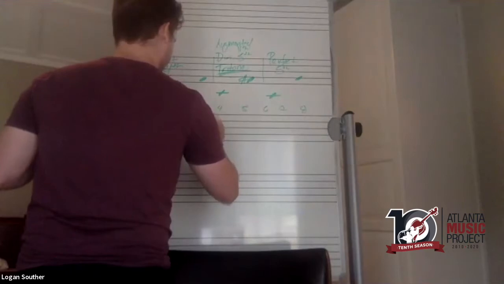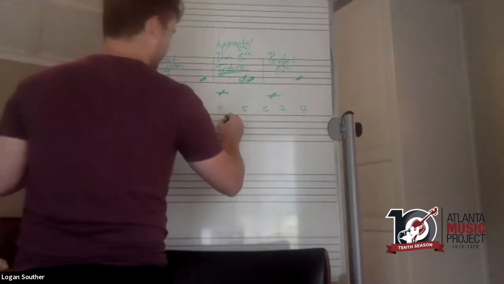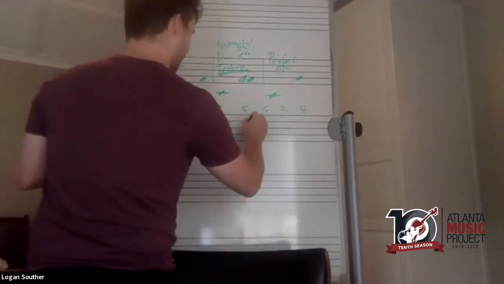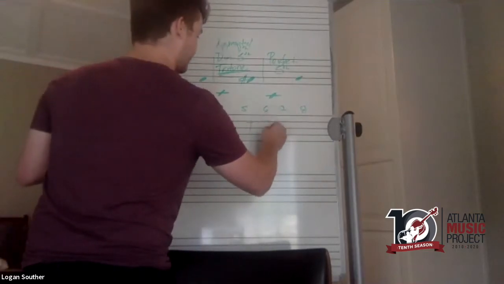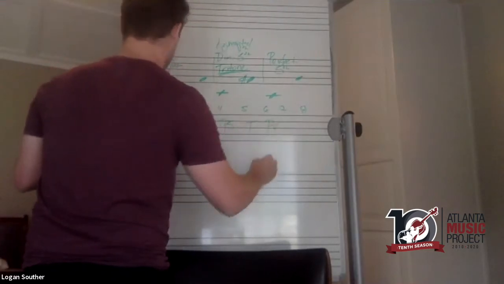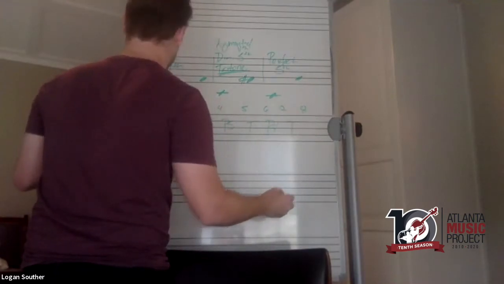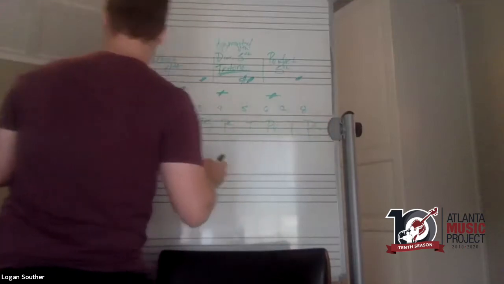Number 3 was a perfect fifth. Number 4 was also a perfect fifth. Number 5 is a tritone. 6, perfect fourth. 7, tritone. 8 was a perfect fifth.